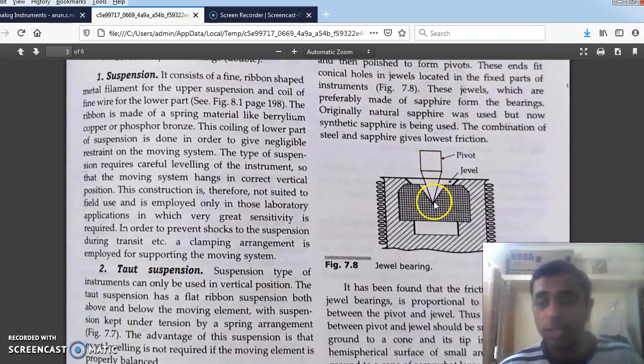The semi hemisphere ball at the bottom should carry the stress and weight of the moving system. If it is not able to carry that, then this point can break. So the stress should be carried by this point.